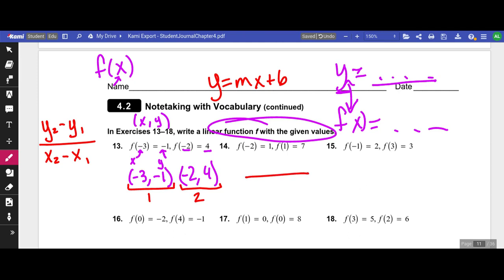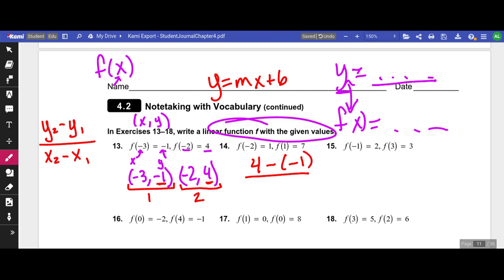Okay, I'm just going to work all through underneath these other problems because it takes a little bit of work. All right, so y2 minus y1. The y from our 2 point is 4 minus y1, so the y from our 1 point is -1.